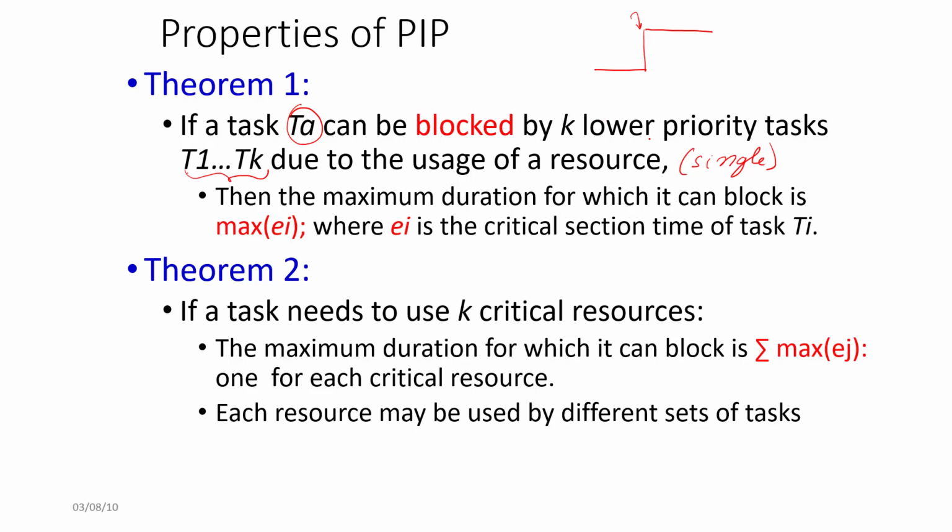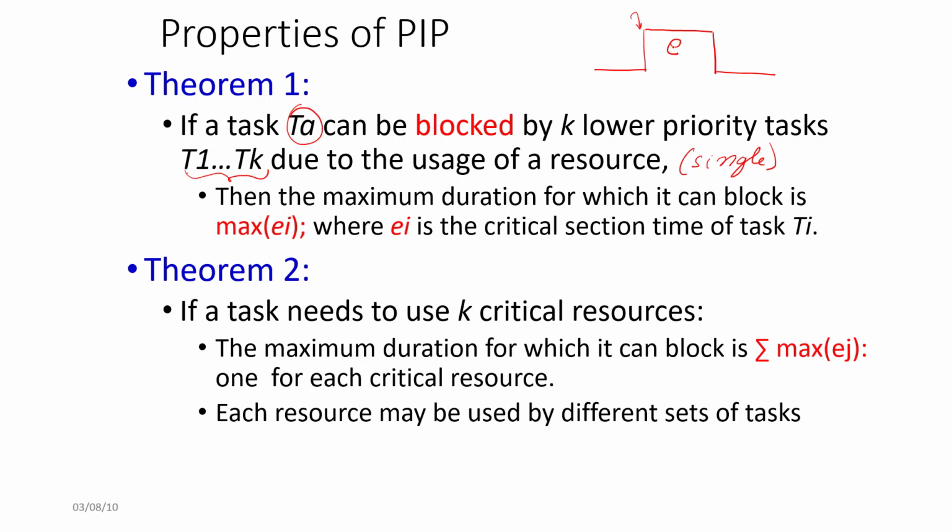Otherwise, it will continue to execute and finish, and at that point, if TA has the highest priority, it will get access to the resource. So the question is, what is the duration for which TA is blocked when there are no tasks in the system with a higher priority than TA?